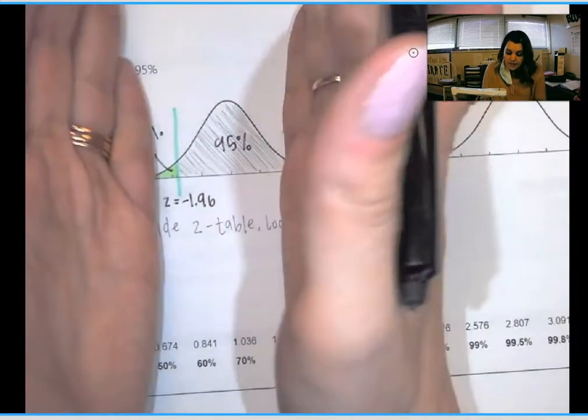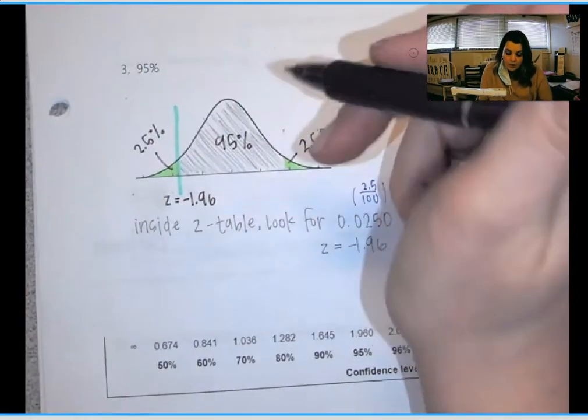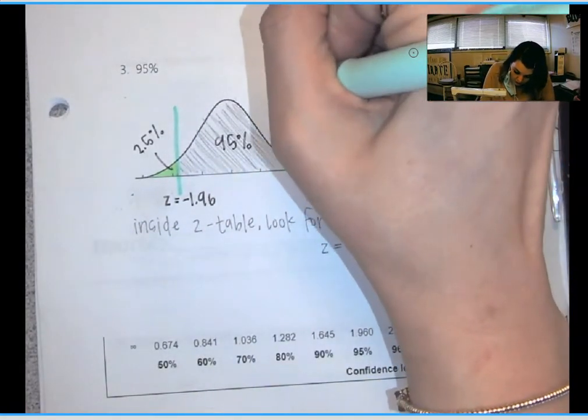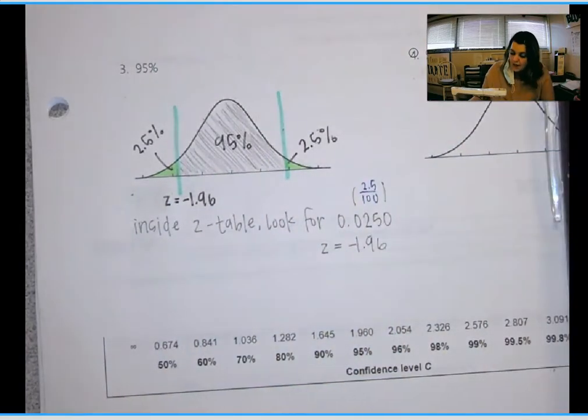Now, this is symmetric, which means that this z-value is going to be positive 1.96.